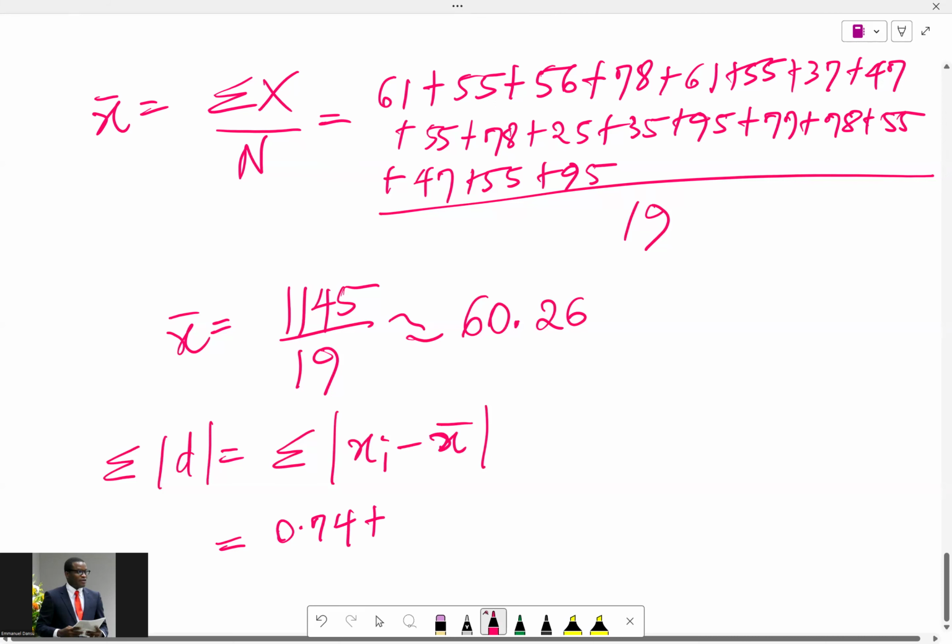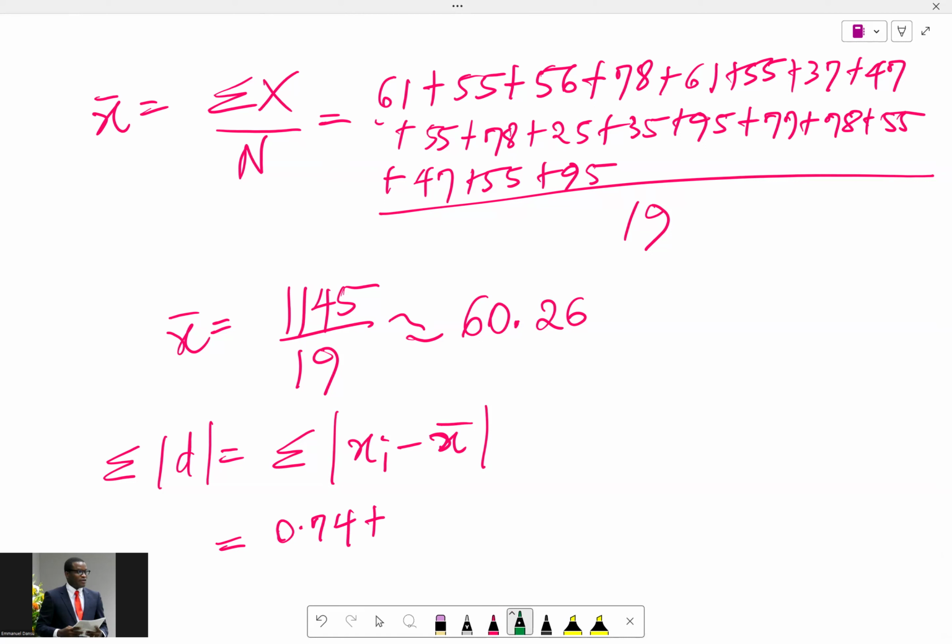Absolute value means that we don't care about the minus. So even if there's a minus, we drop it. That's what absolute value means. So 61 is settled.